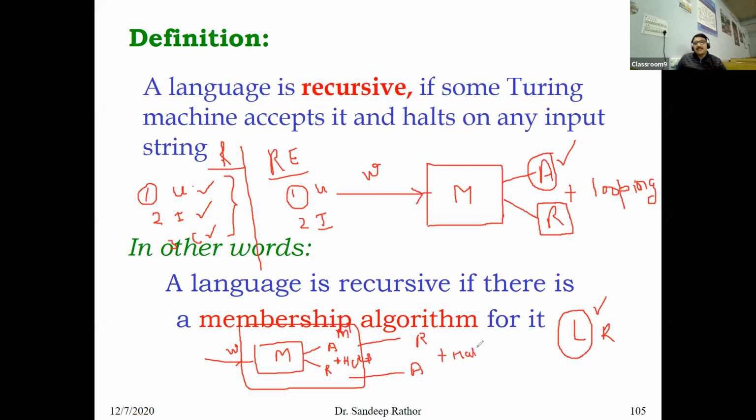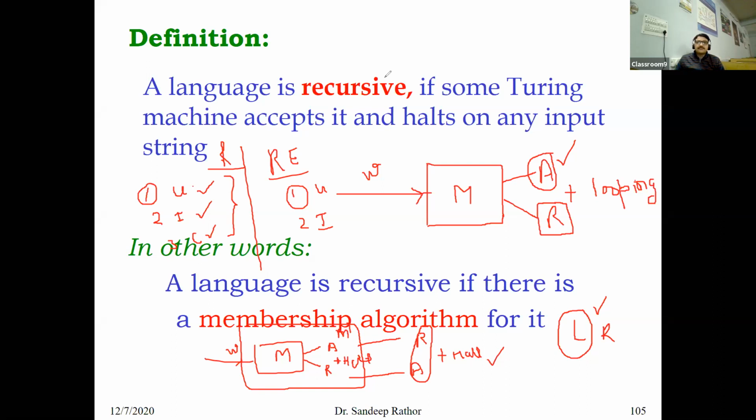So finally you get the answer in the form of accept or reject, and the machine halts. So if we have a recursive language, then its complement is also recursive. You don't need to prove this type of theorem, but you should know the decision property that union, intersection, and complementation of recursive languages are recursive.